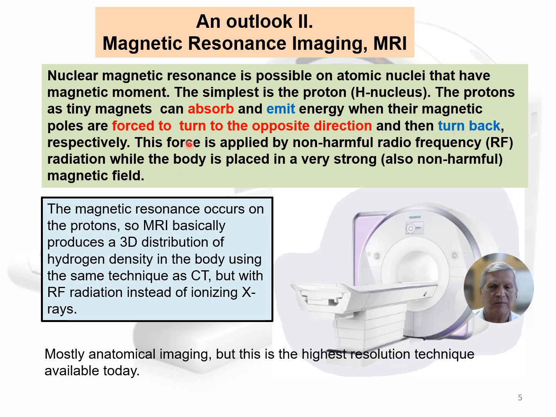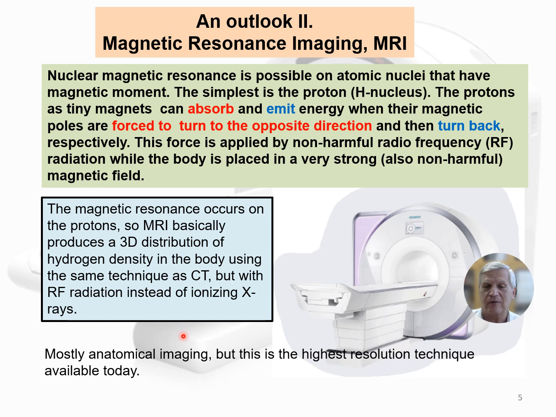This force is applied by non-harmful radio frequency radiation, while the body is placed in a very strong, also non-harmful magnetic field. The magnetic resonance occurs on the protons, so MRI basically produces a 3D distribution of the hydrogen density in the body using the same technique as CT, but with radio frequency radiation instead of the ionizing X-rays.